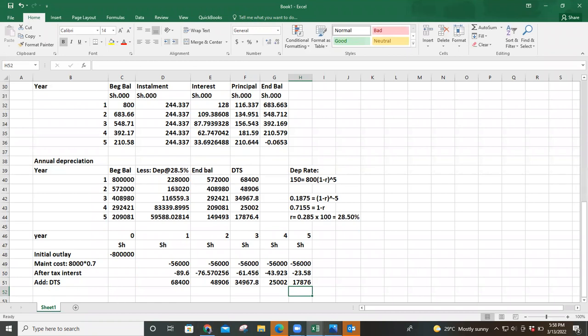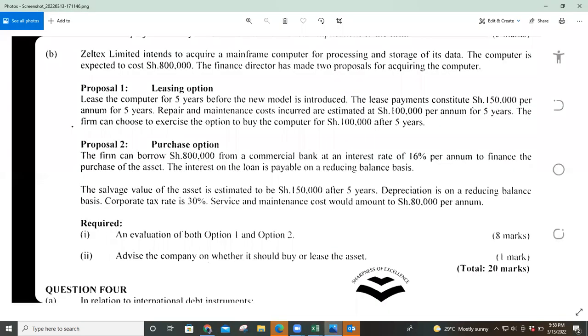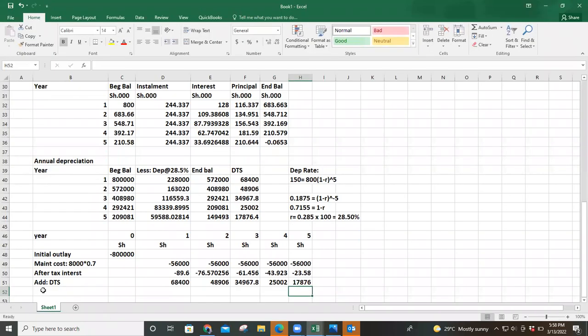Let's see if there is any other thing. So we bought, we've paid the loan, the interest is there. The service contract we've already taken care of. So the final thing, we talk about the scrap or the salvage value after the 5 years.